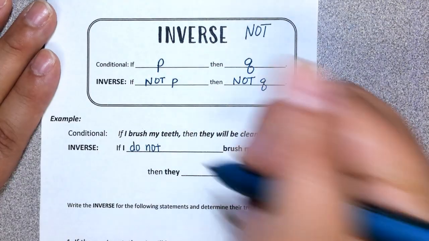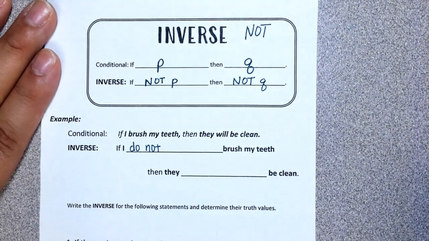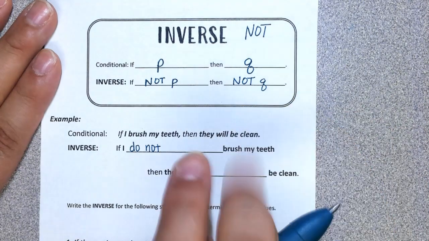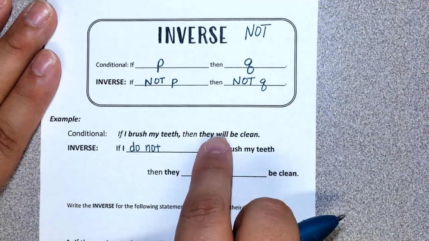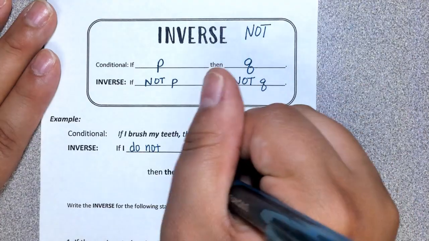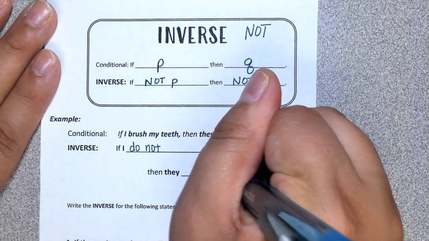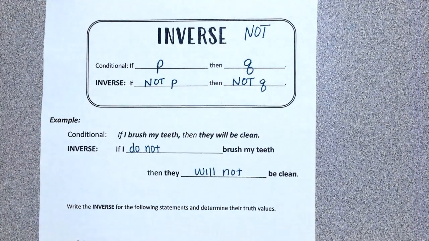If I do not brush my teeth, then they are not going to be clean, or they will not be clean. So with inverse, you're just adding the word not. Does that make sense? Add the word not.